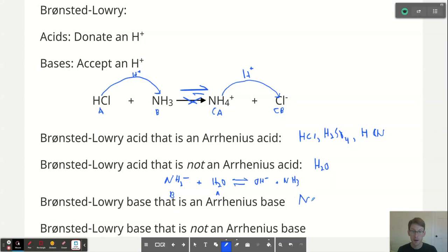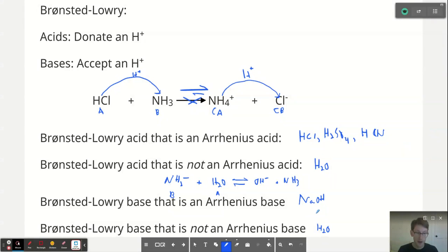So an Arrhenius base, sodium hydroxide is a classic example that also will act as a Bronsted-Lowry base. But a Bronsted-Lowry base that is not an Arrhenius base, an example would be, again, water, because water is not something that will increase the concentration of OH- in solution when you just add it to more water, but water can act as a Bronsted-Lowry base.